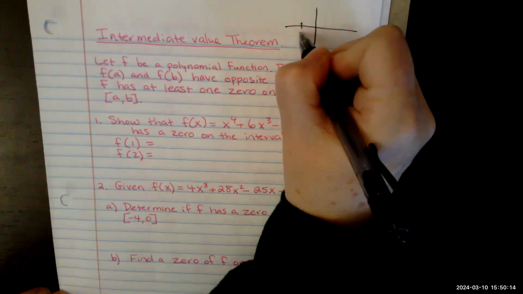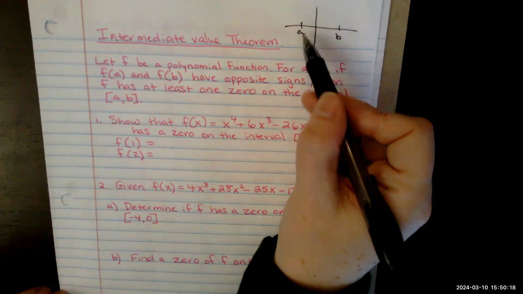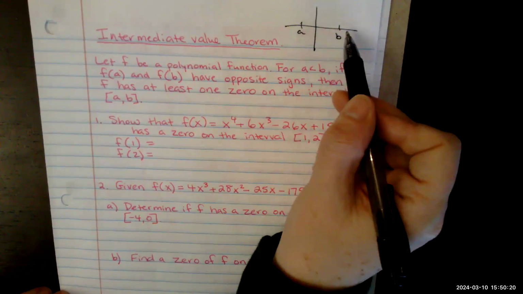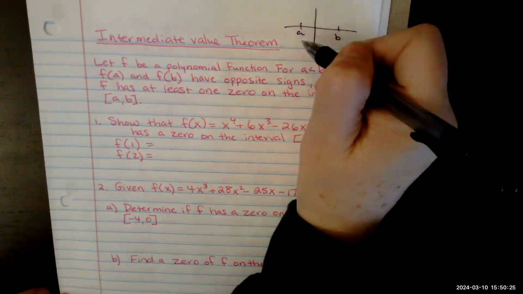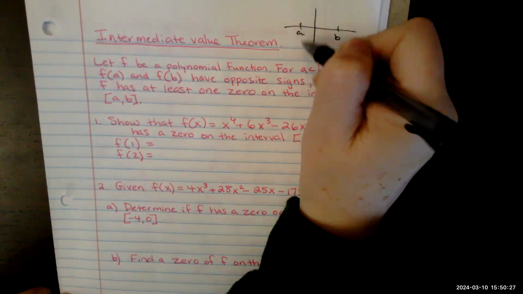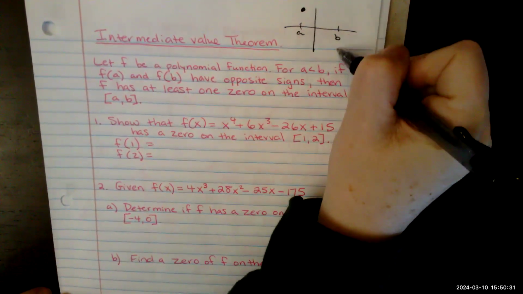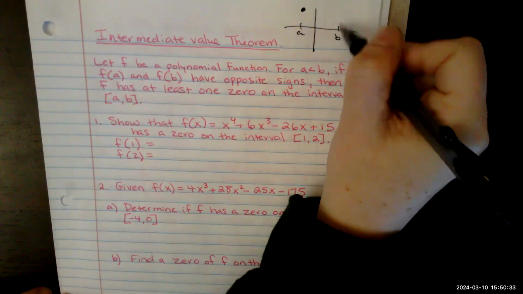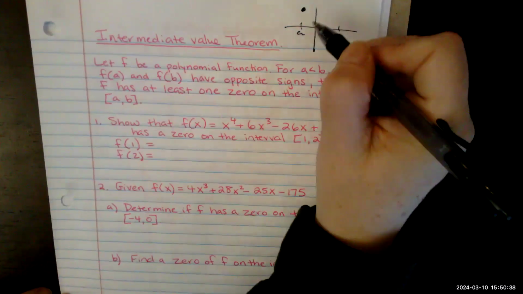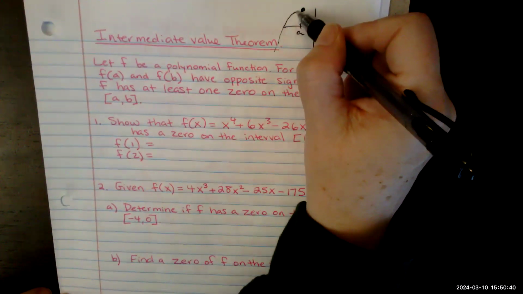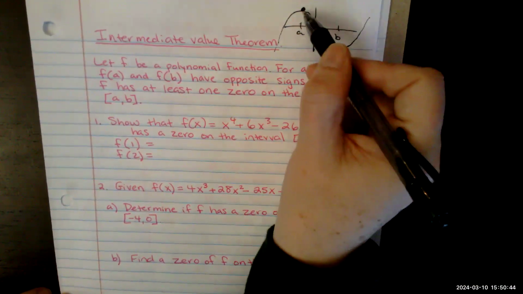Well, it's just saying, let's say you have an a and a b, and let's call a the x on the left and b on the right. It doesn't have to be negative and positive, just one's here and one's further to the right. They're saying if f of a, which just means the y value here, has a different sign than f of b, which is the y value here, which means if that one's positive, this one's negative, and it's a polynomial, which means all these points are connected, there has to be a 0.